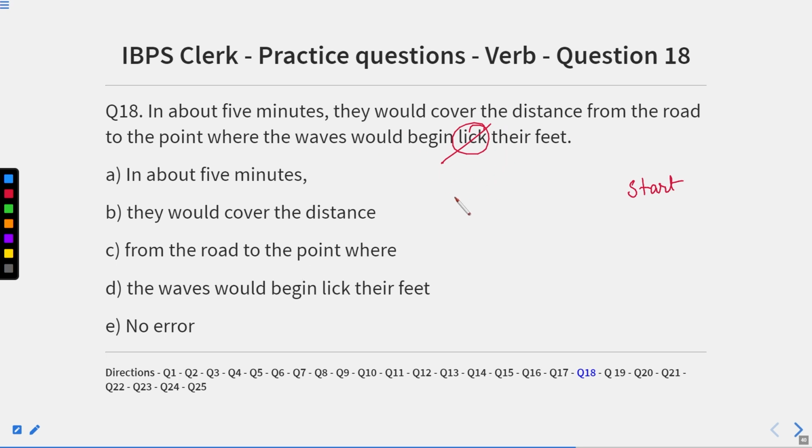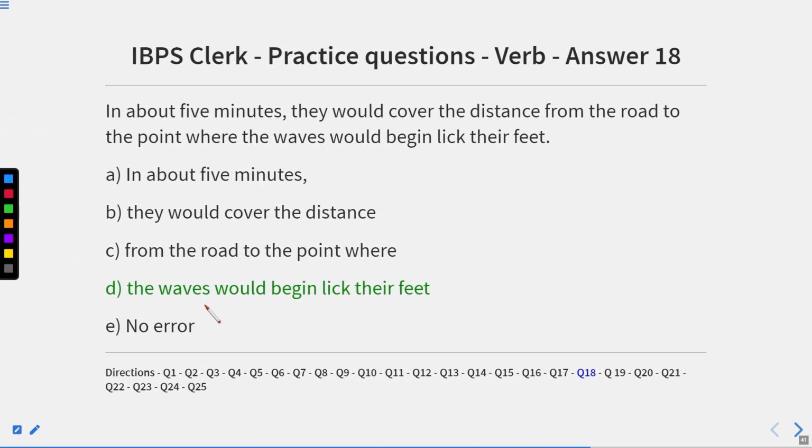So this lick should be replaced with licking. So the error is in part D, where this lick should be replaced with the word licking. So the correct answer is in about 5 minutes, they would cover the distance from the road to the point where the waves would begin licking their feet, because they will initiate that particular work and they will be doing that particular work. So let us move to the next one.